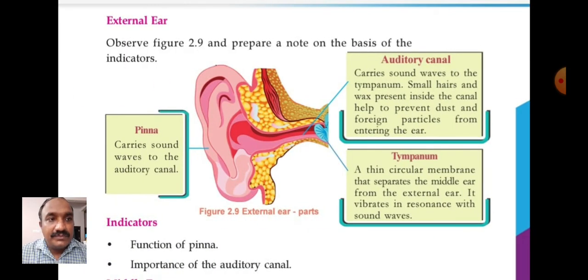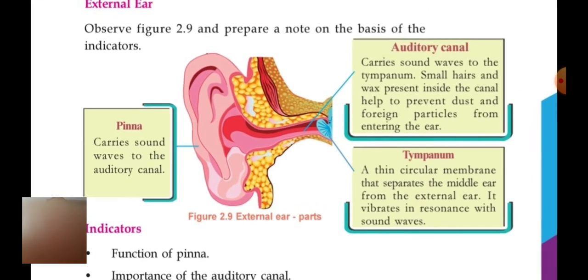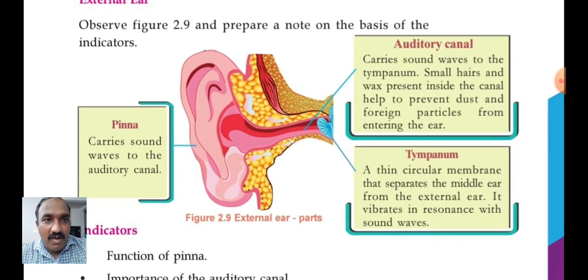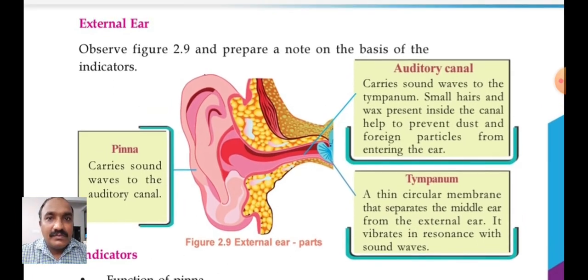First one, the external ear. Clear? You can see which are the parts of the external ear. Which are they? You can see three parts are there. First one, pinna, also called the ear pinna.